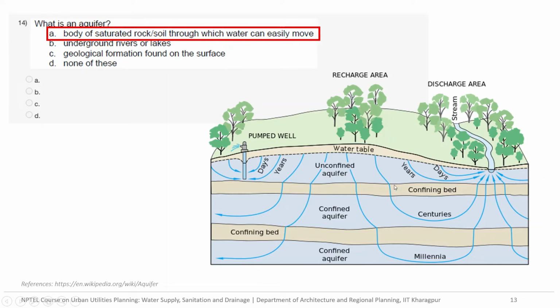And then the confining bed is basically a layer of rock which is impervious to water. It might have certain channels of infiltration or cracks where water might move through, but in general the bed is impervious to water. And then a confined aquifer is essentially an aquifer between two such confining beds or impervious layers of water.